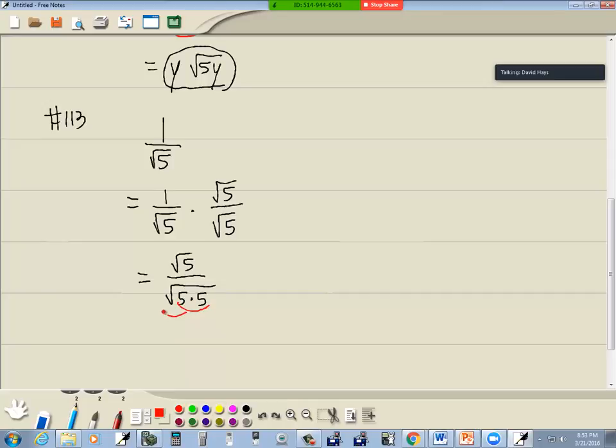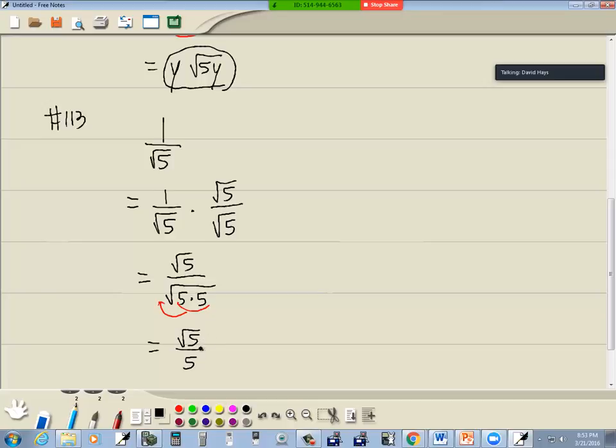Here's a pair of 5s, so they're going to come out in front as a single 5. So we have square root of 5 over 5. And notice my radical disappears. Since I took everything out of it, the radical's gone. Now what made it disappear is that our index was 2 and we had a pair of 5s. That's what caused it to disappear.